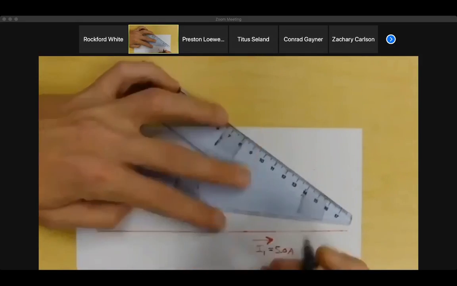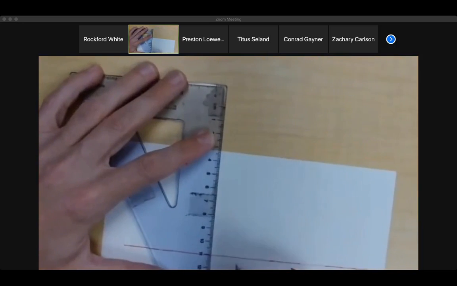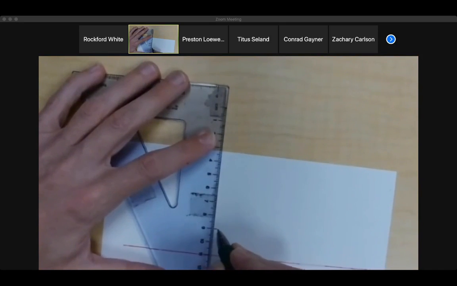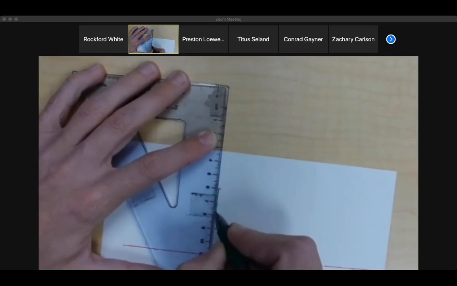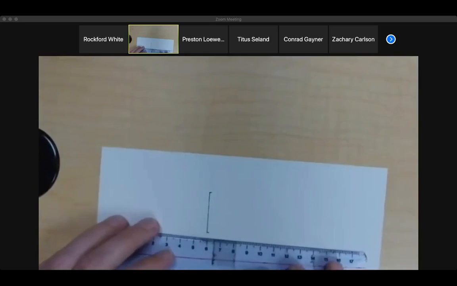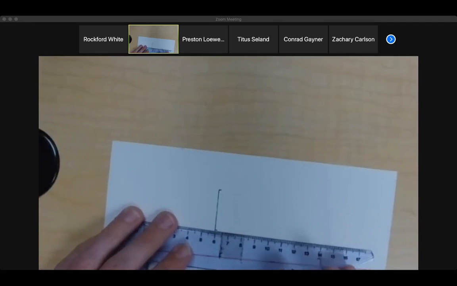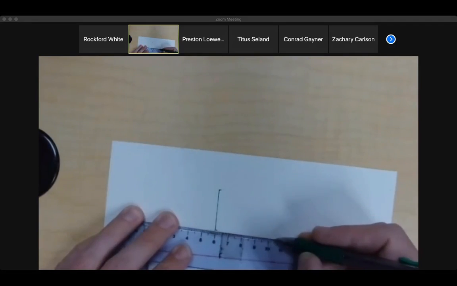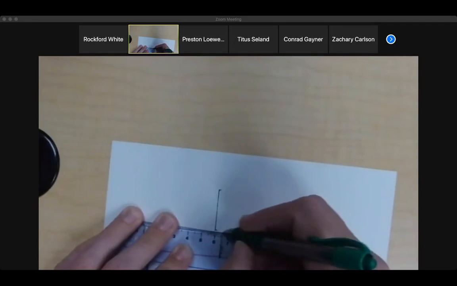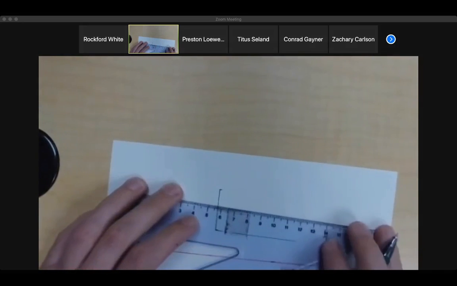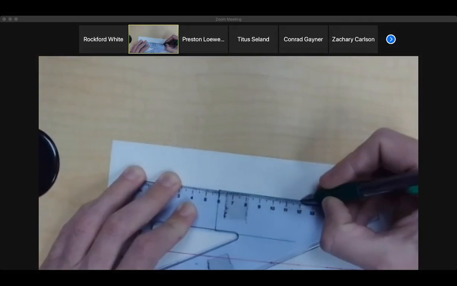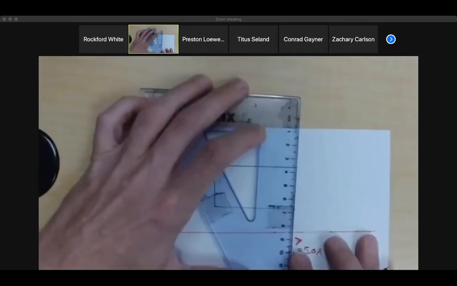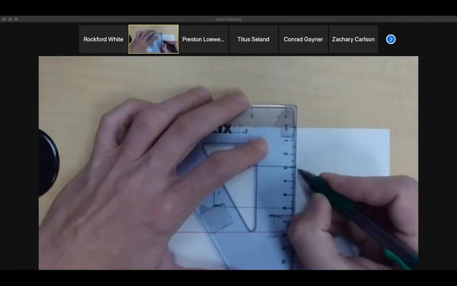Let me get this about right in dimensions. Okay, so about like this. It's going to be a rectangular loop. I'll give you the dimensions here and how far it is from the wire.